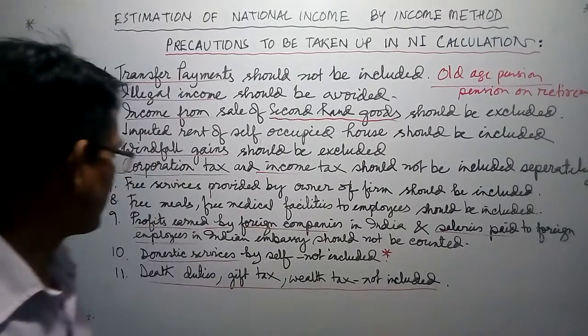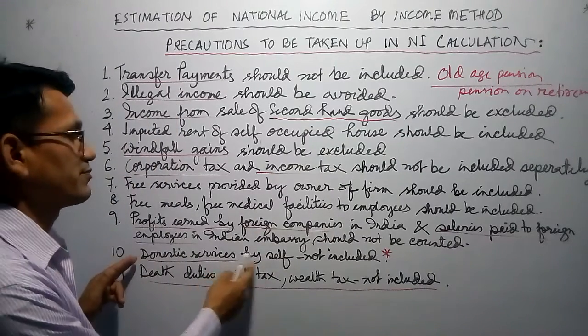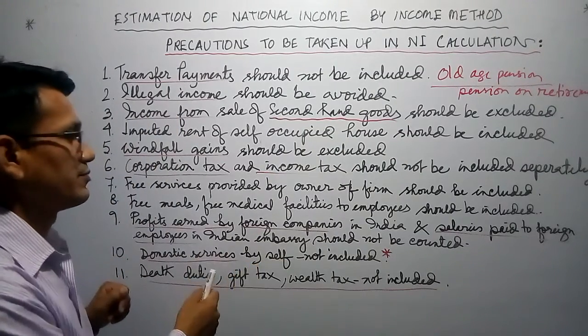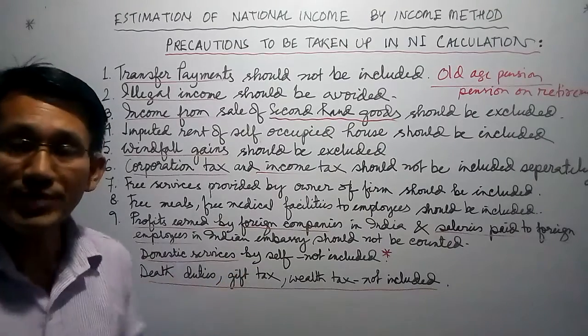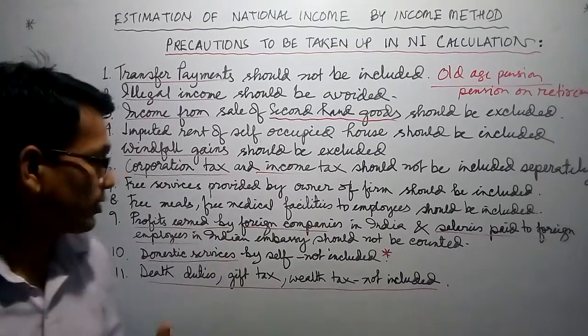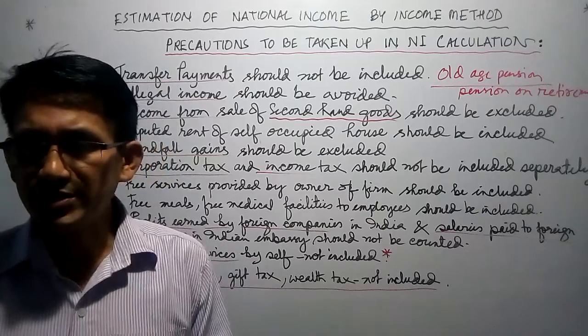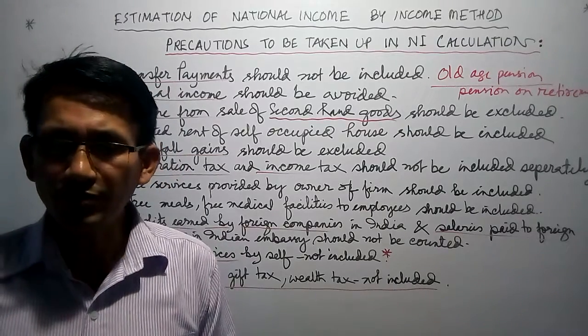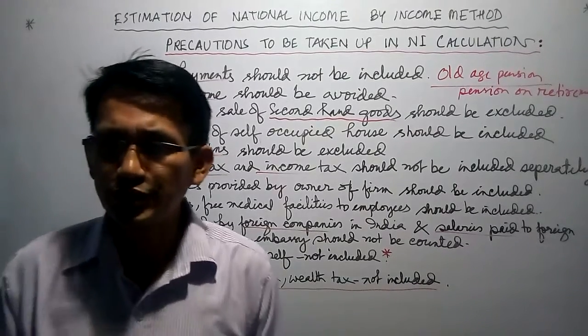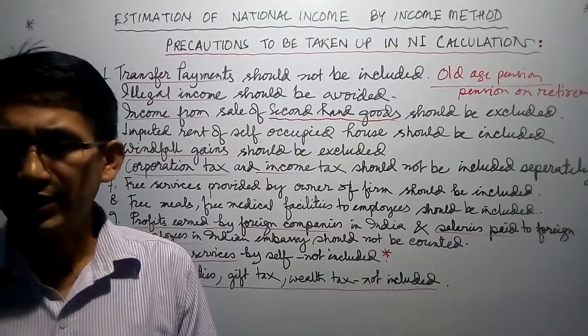Then the next factor is domestic services by the self. Domestic service done by ourselves is not included in the national income. Domestic services provided out of love and affection are not included.